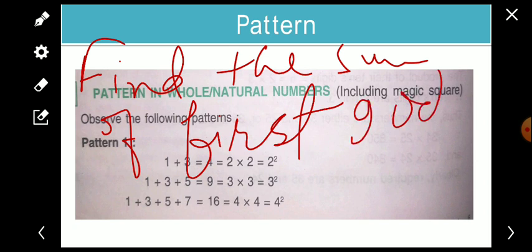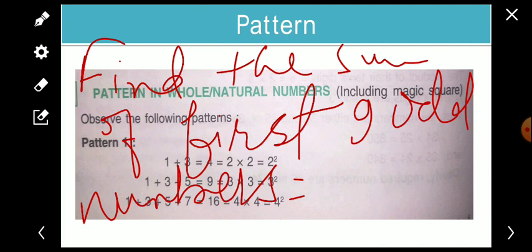If I say find the sum of the first 9 odd numbers, that means the sum of 1, 3, 5, 7, 9, 11, like this, taking the first 9 odd numbers, and we'll get the sum.